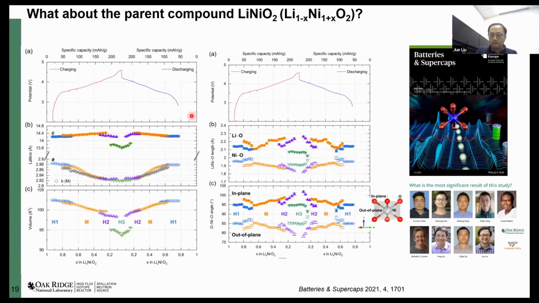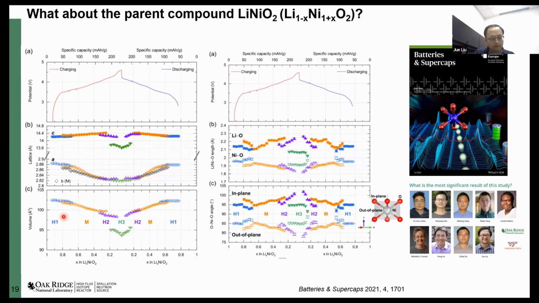So then we decided to go back to look at the undoped compound, which is the parent compound. It's called lithium nickel oxide. Strictly speaking, it's very difficult to get the full stoichiometry of this compound. There is a few percent of nickel substituted into the lithium site. This material will not follow the perfect solid solution reactions you see for the typical nickel-rich cathode.